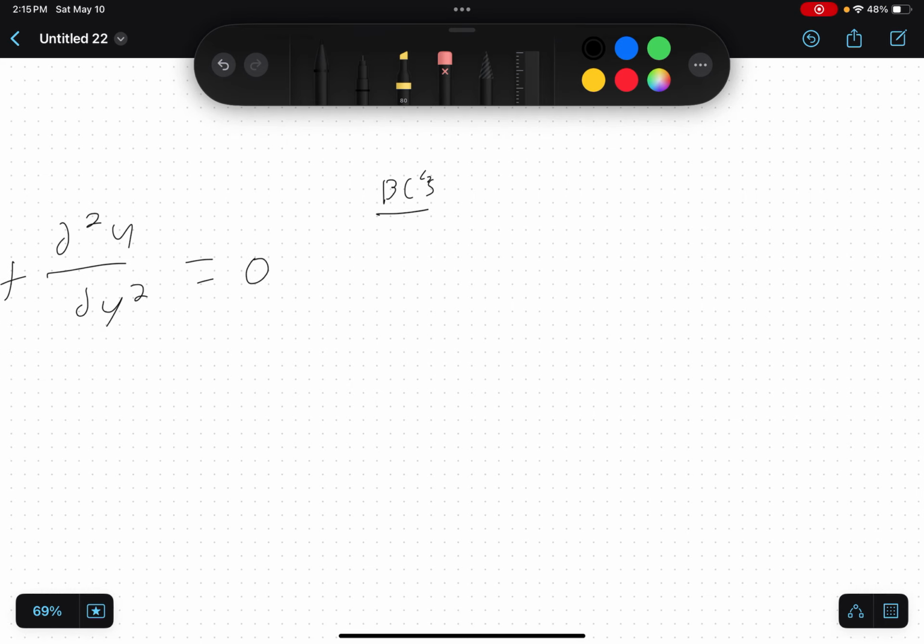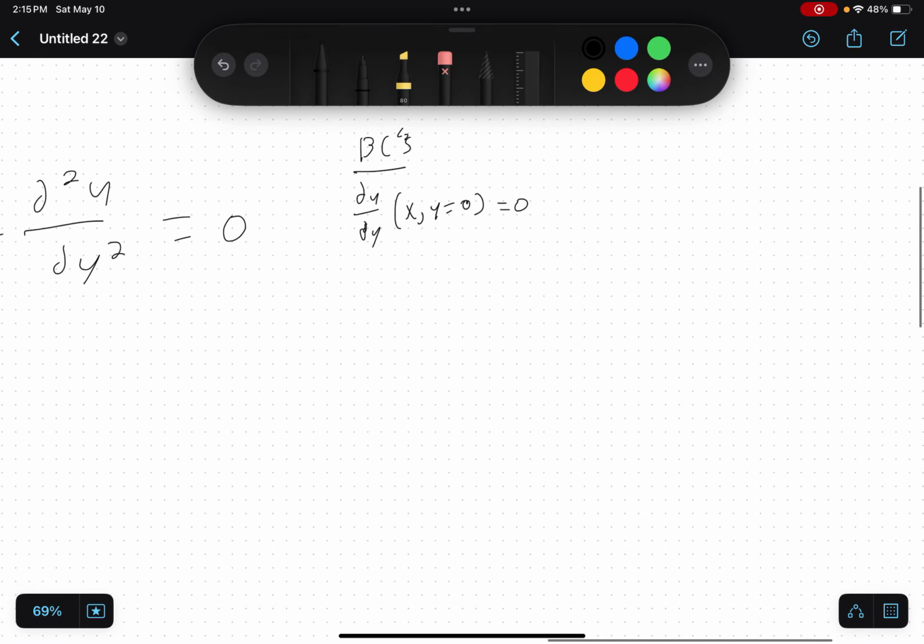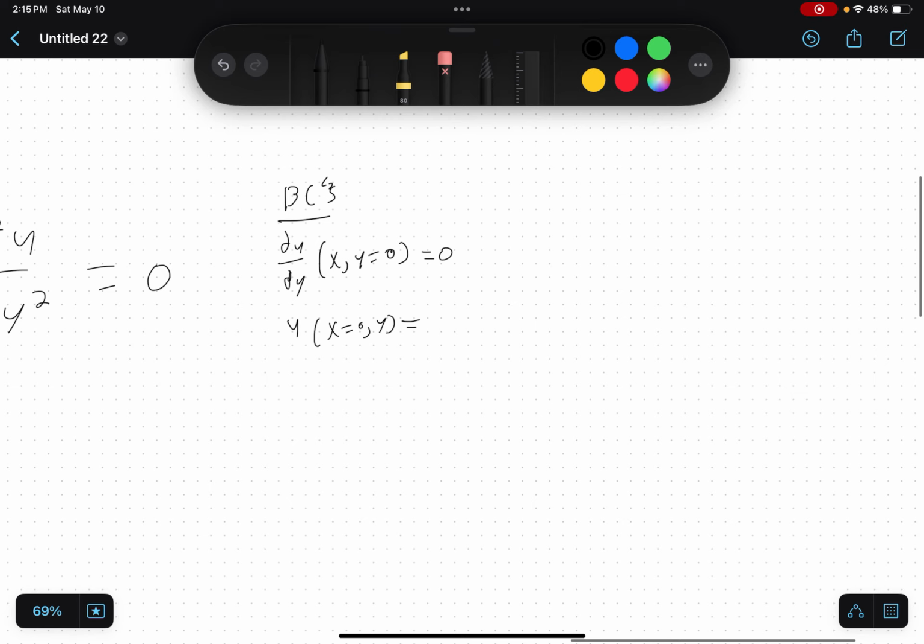We've got du/dy at (x, 0) equals 0. We've got u at x equals 0, y equals a function of y.